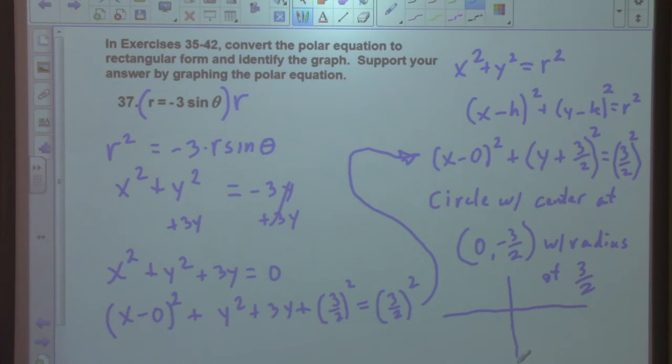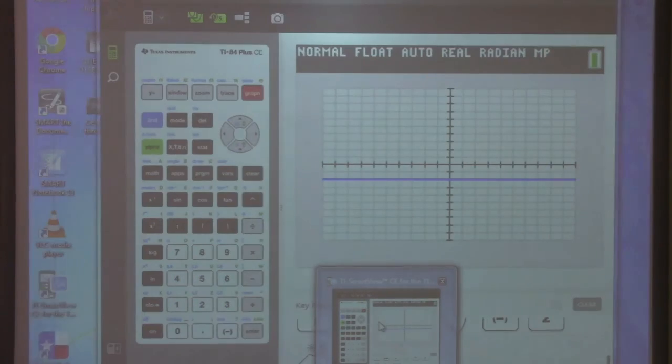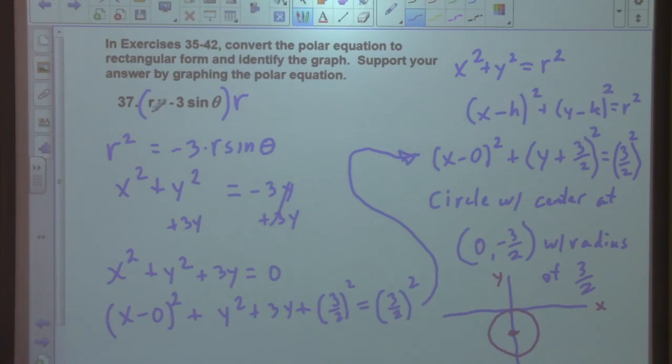And what that's going to look like is we have 0, negative 3/2. And so we're coming down here, we got an xy coordinate plane, and we come down here, negative 3/2, and that's the center of our circle, and the radius is 3/2. So we're going to have a little circle just below the x-axis that looks like this. All right? And let's go try to graph that. So we have r equals negative 3 sine theta.